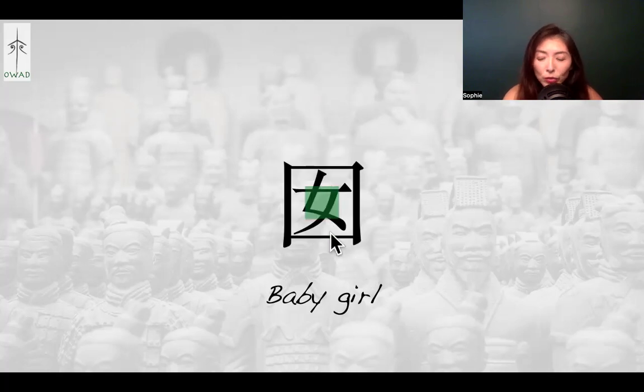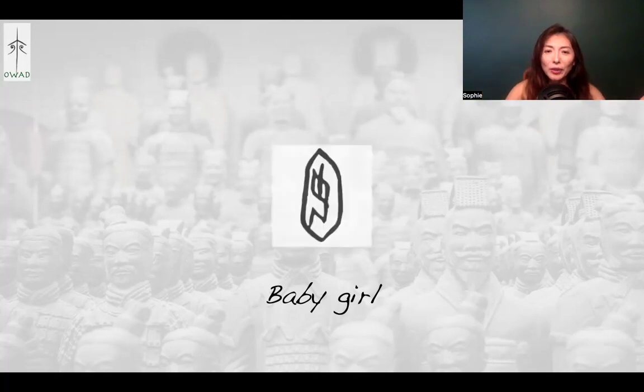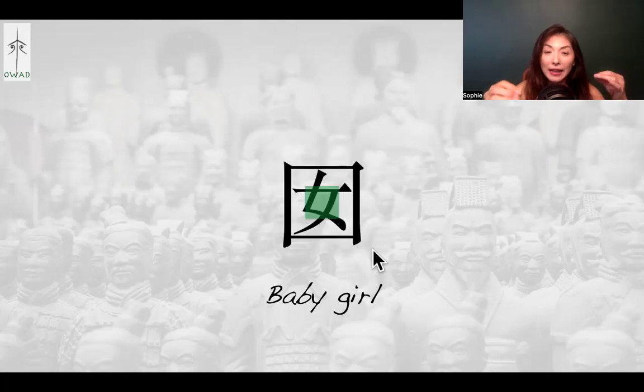So the middle nu was expanded so that it's easier to pick up, compared with the original, right? This one gives you more the sense of a baby girl, very obedient, sitting on the knees. I read somewhere that in ancient China, before the invention of chairs, sitting on heels was the natural posture.